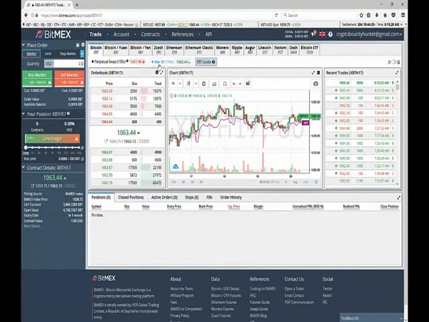So these expire on March 31st, and whatever the price is on March 31st is where my order will get closed at. You don't have to hold your orders till then. You can buy and sell as much as you want between now and that time, but it does have an expiry.